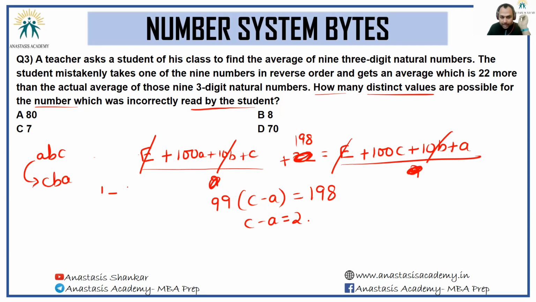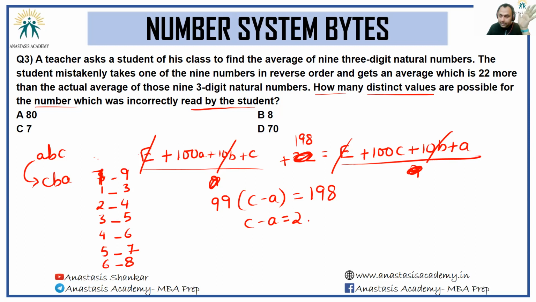could be 1 blank 3, 2 blank 4, 3 blank 5, 4 blank 6, 5 blank 7, 6 blank 8, and finally, 7 blank 9.